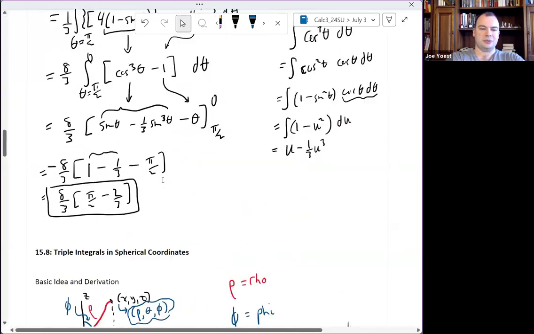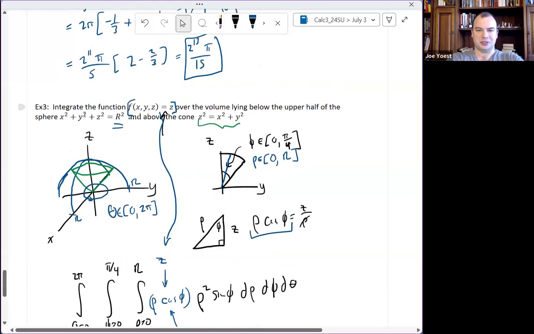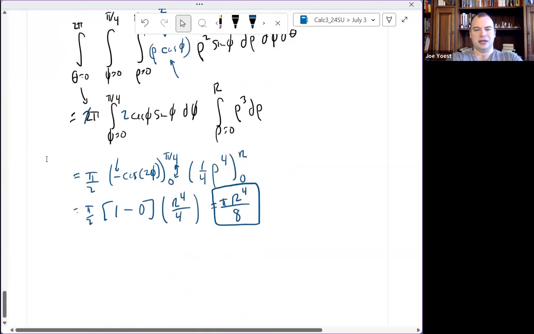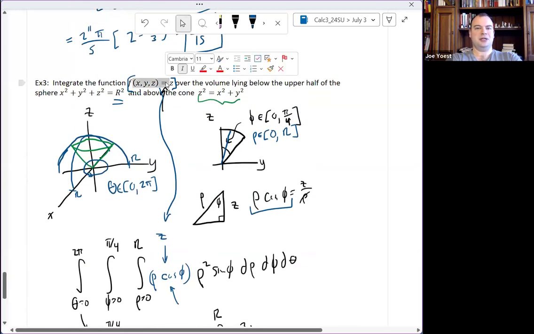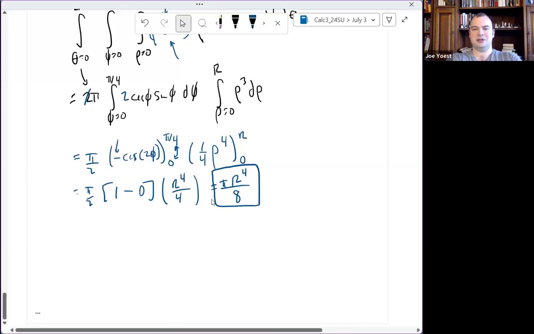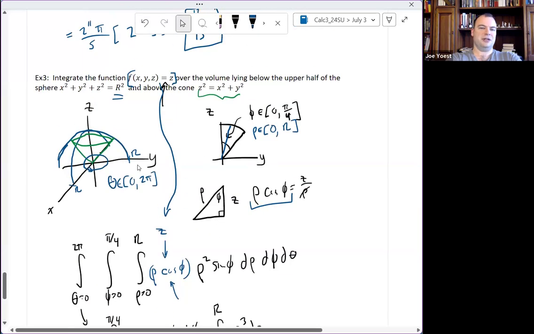Oh yeah, in the last problem, R was just an arbitrary value here. So the point is, it doesn't really matter the radius of the sphere, right? This same idea works, and we can see that, if we were thinking of this as something like temperature, maybe something like the amount of heat or so, something along those lines, it scales like r to the fourth as the sphere gets bigger.